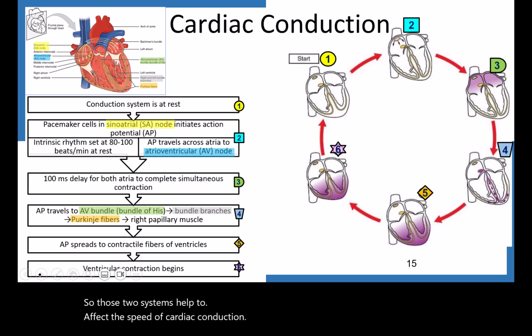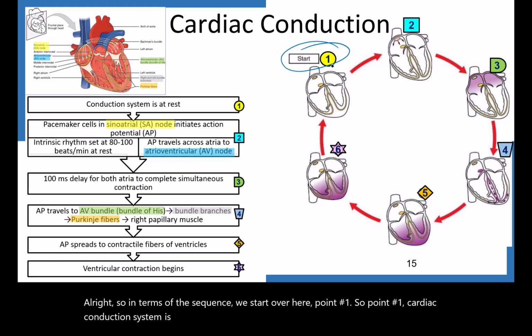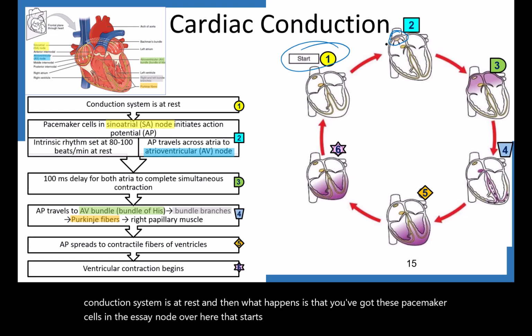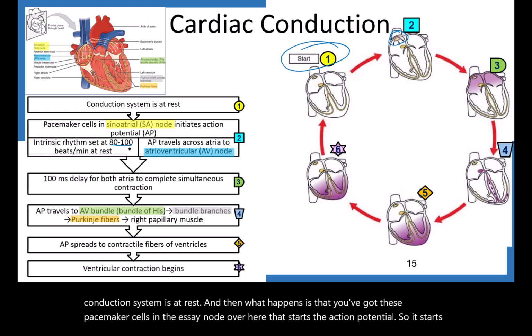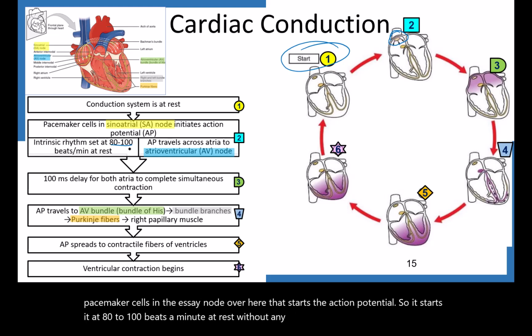All right, so in terms of the sequence, we start over here, point number 1. Cardiac conduction system is at rest. Then you've got these pacemaker cells in the SA node over here that start the action potential. It starts at 80 to 100 beats a minute at rest without any endocrine or neural intervention.